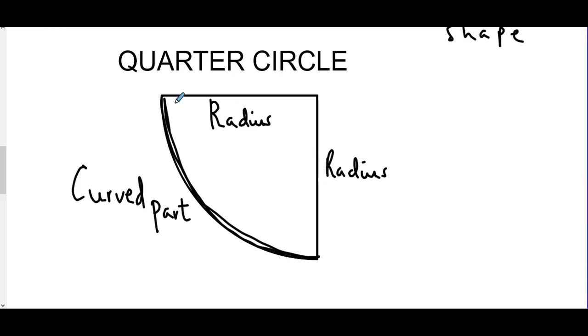Now, what is another name for a quarter circle? Another name for a quarter circle is a sector. A sector. This is what we discussed yesterday.